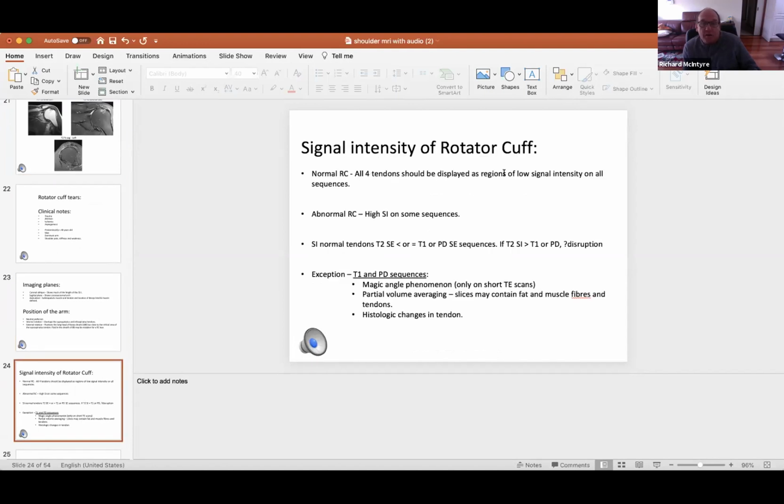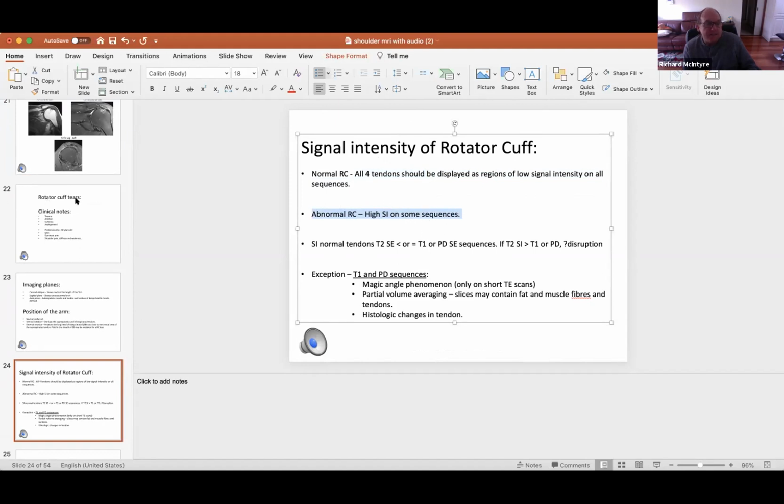However, all four normal tendons should be displayed as regions of low signal intensity on sequences. So if you see an abnormal rotator cuff, that's because we're going to have high signal intensity on some sequences.